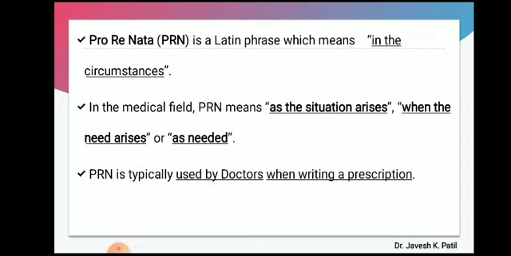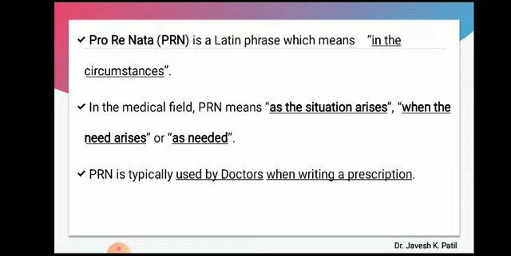So this PRN, pro re nata, is actually used by the doctors when they are writing prescriptions.